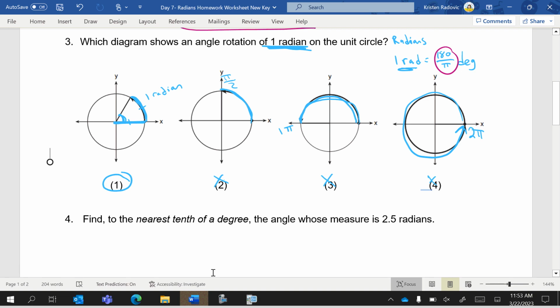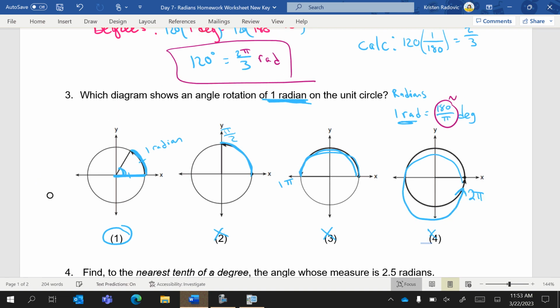So 1 radian is about 57 degrees. And this looks like it's 57 degrees. This is 180 degrees. This is 90 degrees. This is 360.